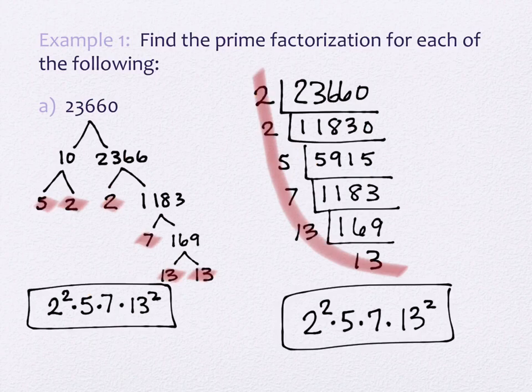The only thing that could be altered and considered maybe not unique, depending on your point of view, is if you switched them around. But I can't factor this and not get 2 2s, a 5, a 7, and 2 13s. It will always be that way. It is a unique listing of all the different factors. Those factors are unique to this particular number, 23,660.